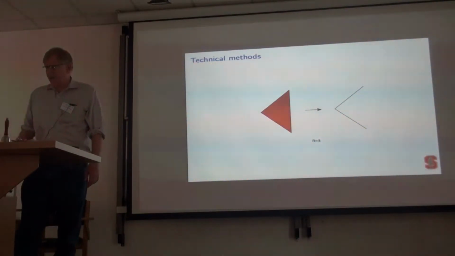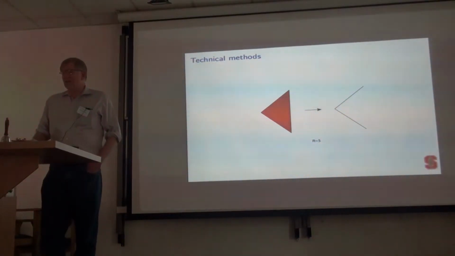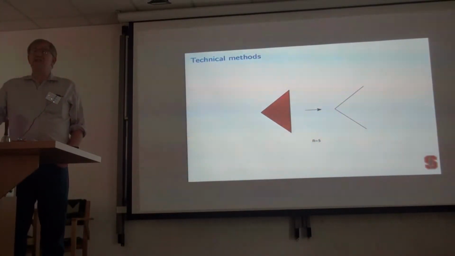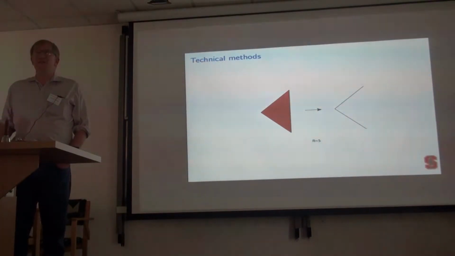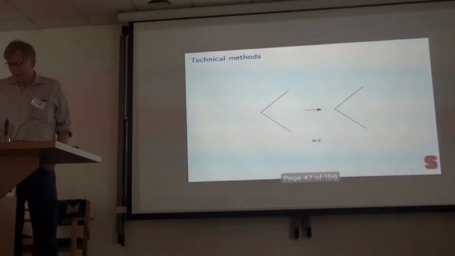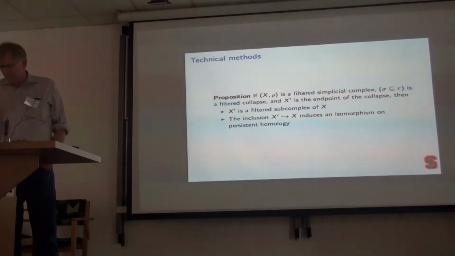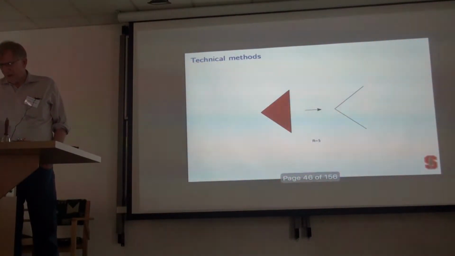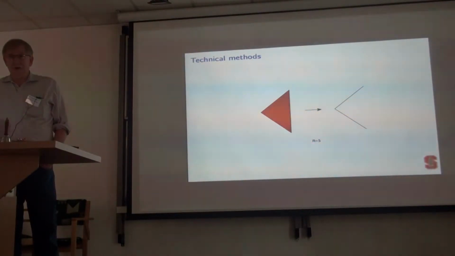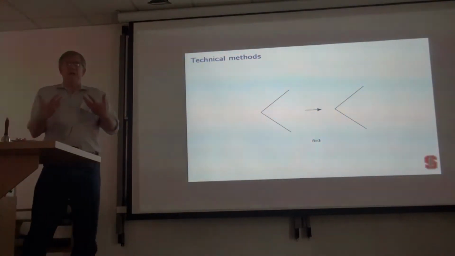And so again, this is what happens at r equals 5. In this case, I'm assuming that the red simplex and also the vertical line have the same filtration. And let me note, this is r equals 5, but at r equals 3, those two might actually be identical.